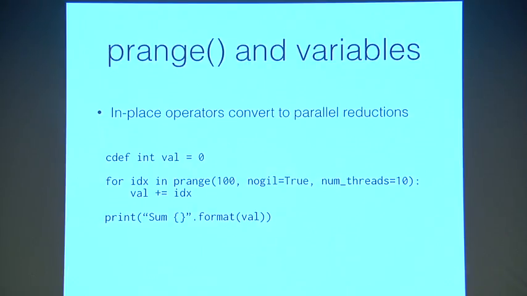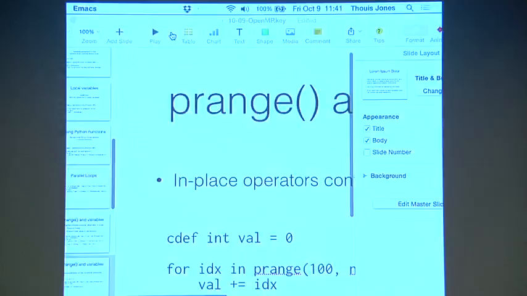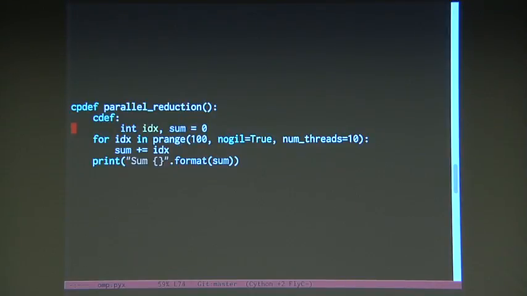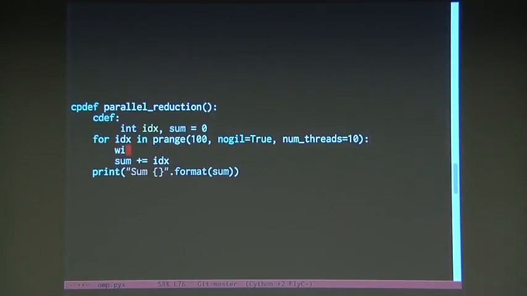Okay. How would the slower code look? Oh, you mean if we were to do this without the support, without the in-place operation? In that case, it would look something like, with some lock.